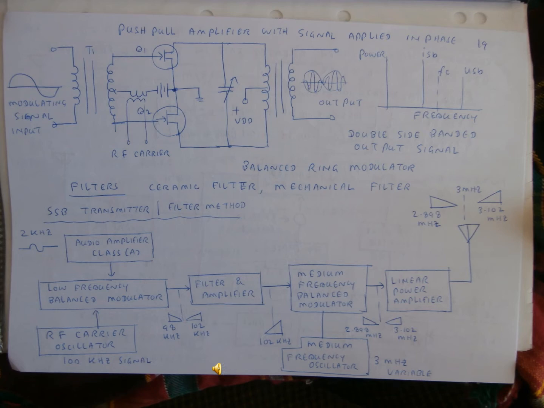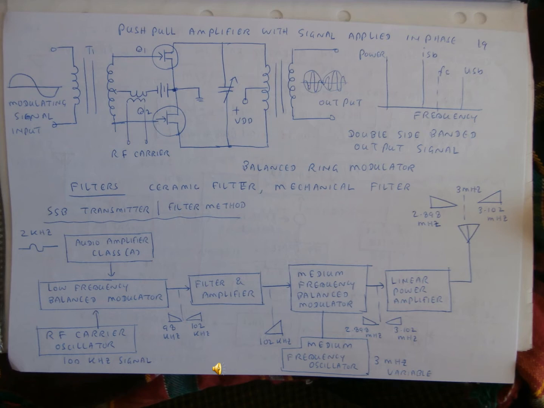The 2 kHz frequency waveform from the audio amplifier class A and the radio frequency carrier oscillator's 100 kHz signal go to the low frequency balanced modulator, and the output is 98 kHz and 102 kHz. These frequencies go through the filter amplifier, and the 98 kHz is removed, leaving 102 kHz.